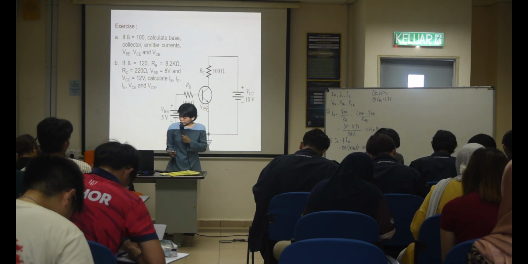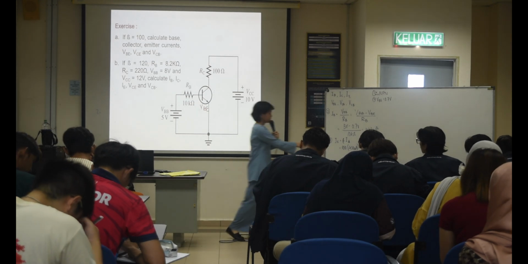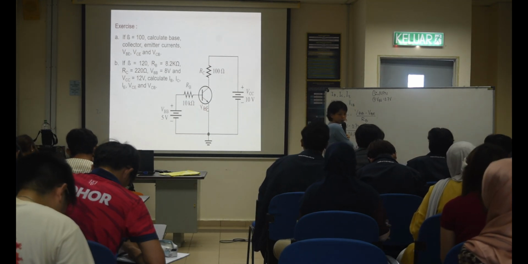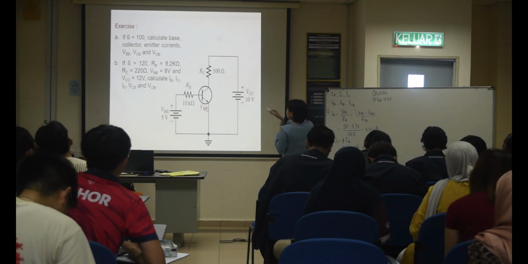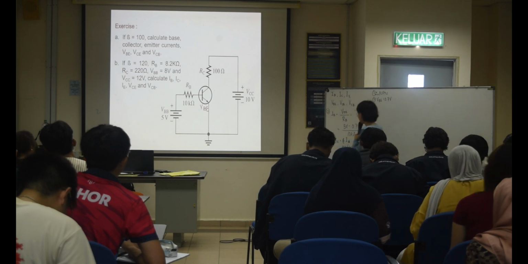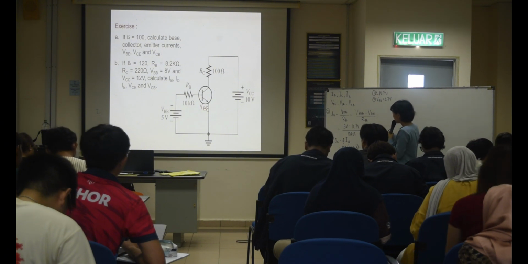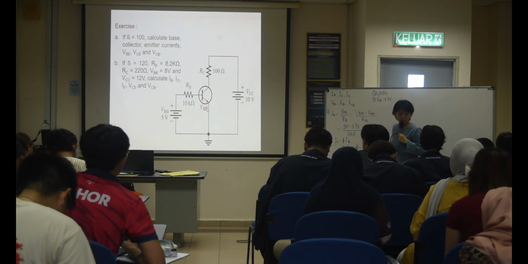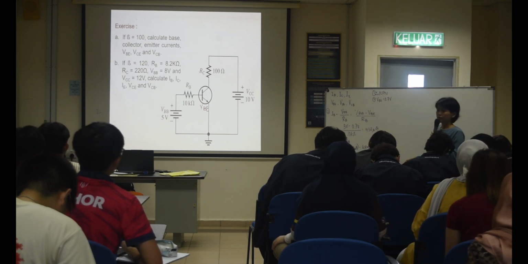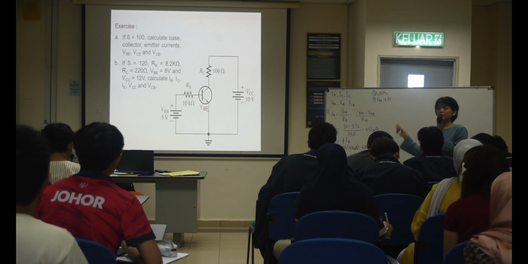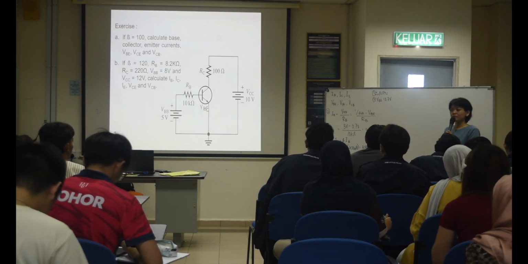Not 645. How much did you get? This one? Correct? 100. Now it's 100, right? Beta. For question A, 100. Sorry, 100. Our slide, our beta is 150. In our slide it is 150. Your slide is 150, and you go back and calculate yourself.